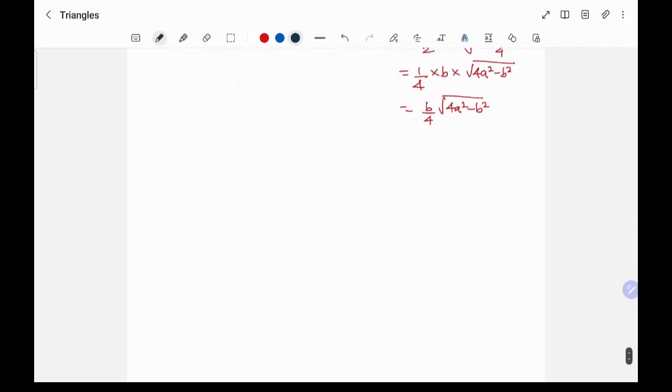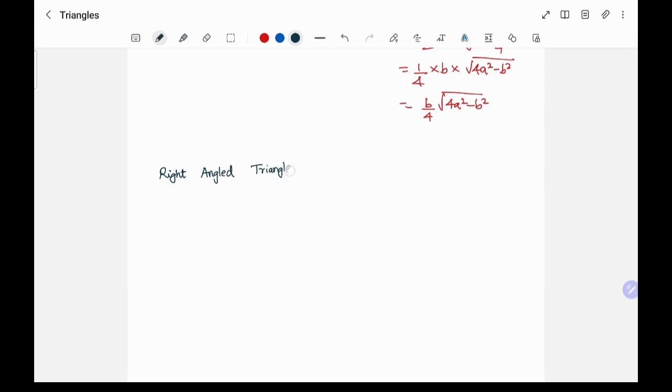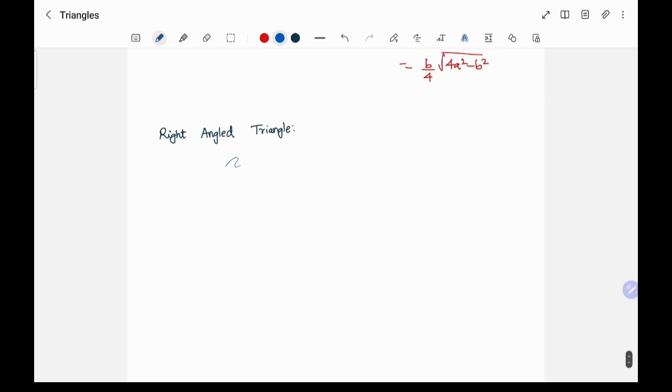Okay, next we will see the right angle triangle. So in a right angle triangle, what do we have? One of the angles is 90 degrees. Say A, B and C. They needn't necessarily be equal. So here the height is easy, right?